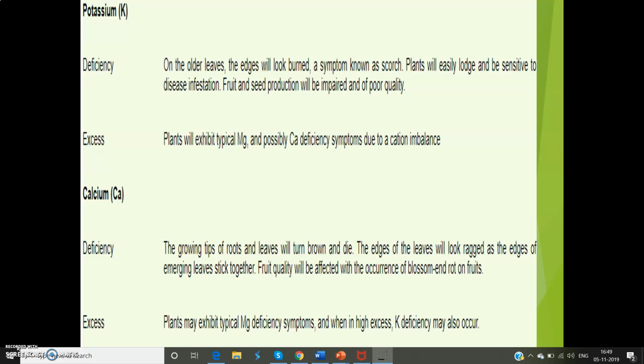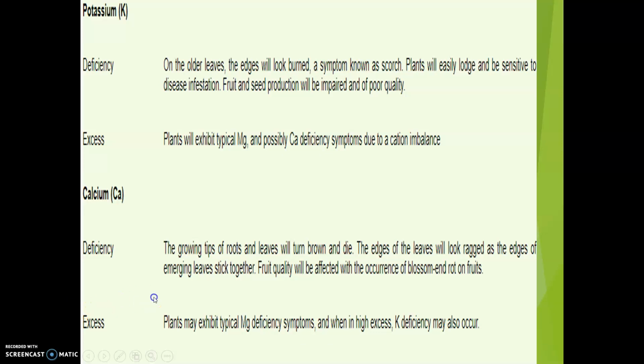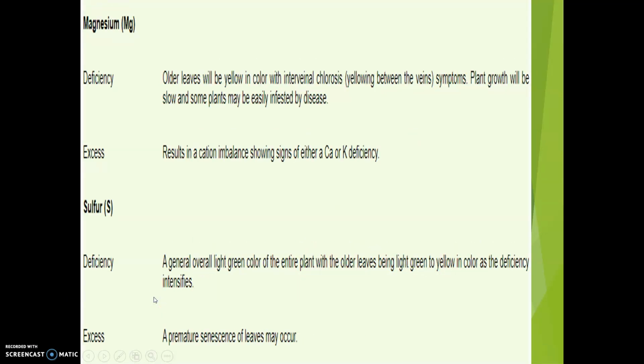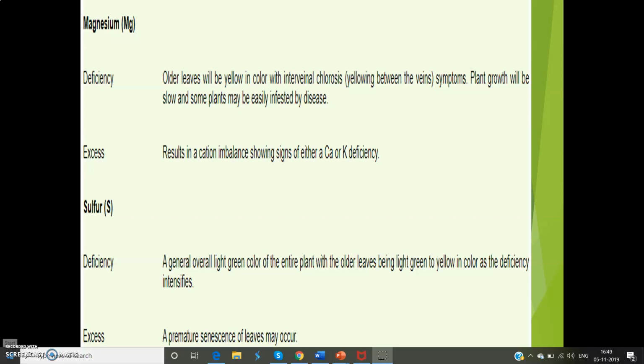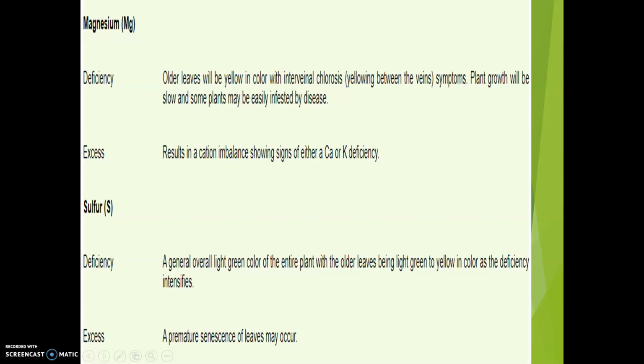Moving to the next nutrient, that is magnesium. Magnesium is a component of chlorophyll, and it is a cofactor of many enzymatic reactions. Magnesium is the central molecule in chlorophyll, and it is an important cofactor for many reactions, for example the production of ATP.